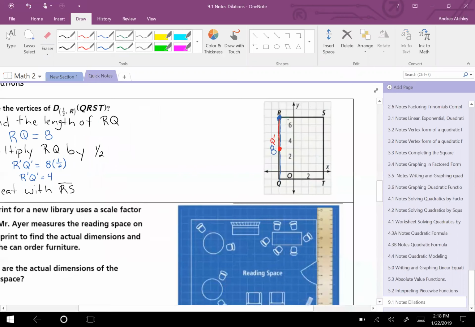Okay, RS was 6. So R prime S prime should be at 3. So this is S prime. From there, hopefully you can see where the T prime should go. And so now I have my new image.